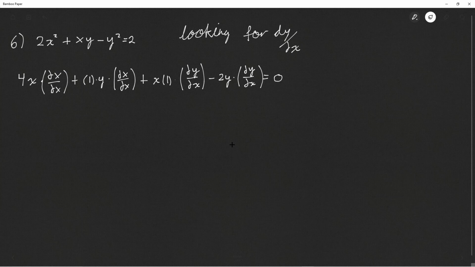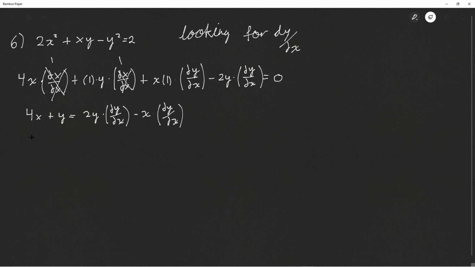So now from here on, what we need to do is, when we have our dx over dx, we can ignore it since it'll just be equal to 1. And we're going to put all the other terms on the right side. So this will give us 4x plus y is equal to 2y multiplied by dy over dx minus x times dy over dx.